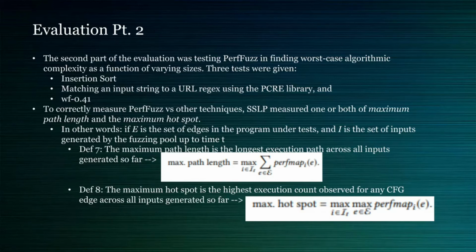And definition 8, the maximum hotspot is the highest execution count observed for any CFG edge across all inputs generated so far, the maximum hotspot equaling the maximum of the perf map. This also allows SSLP to get a grasp of the path length, as well as whether that is driven by a specific program component, this being a hotspot, without having to look at the entire distribution of the execution counts of the edges, which is not the least bit practical to do for any reasonable amount of time.